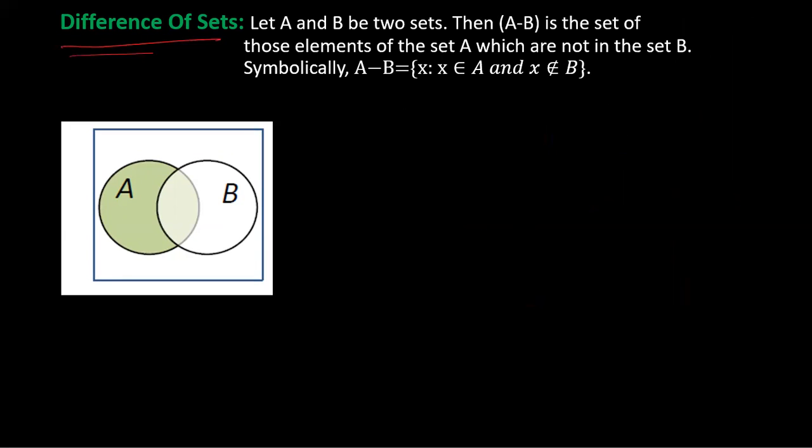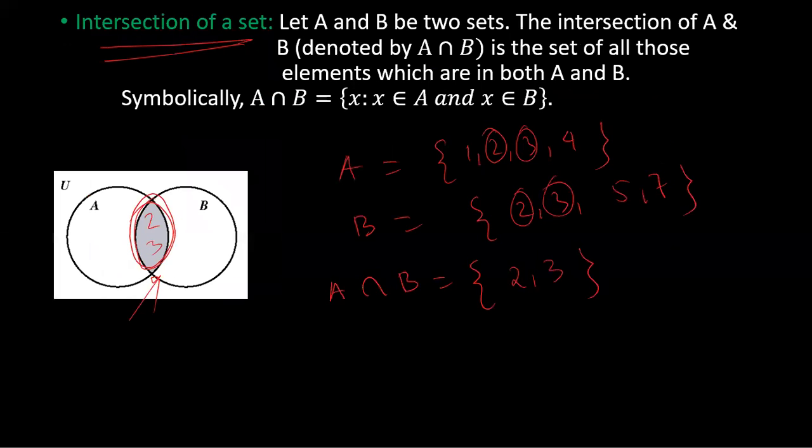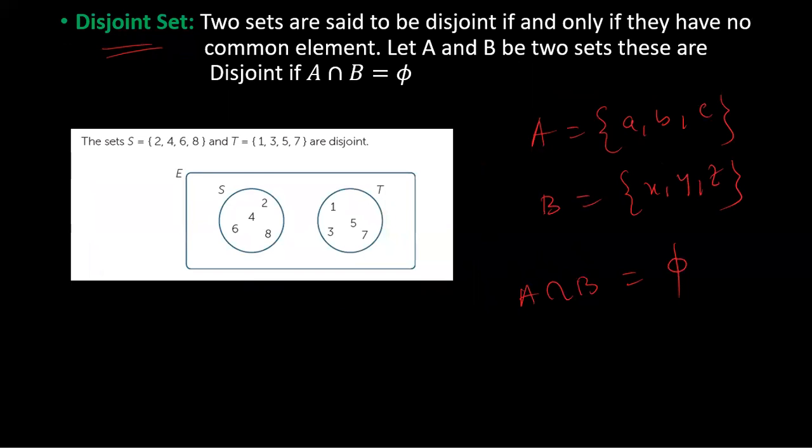Now difference of sets. This is very important, and do remember all this symbolically, that I have written from the union part. We have to remember this symbolically. I have written A intersection B, and for the union also I have written.